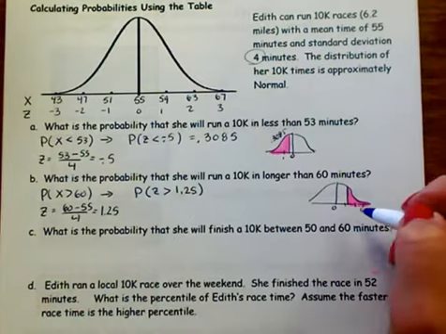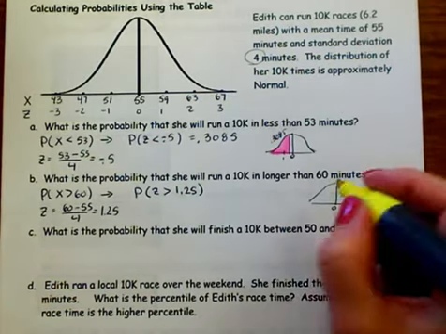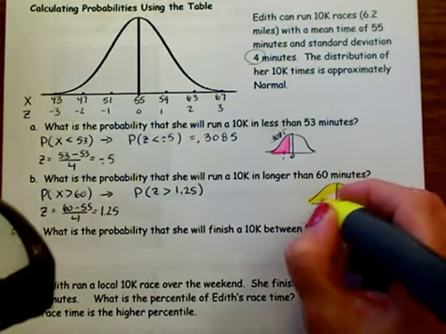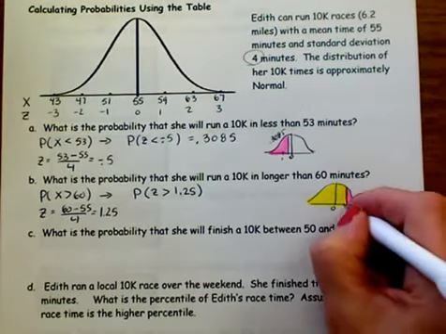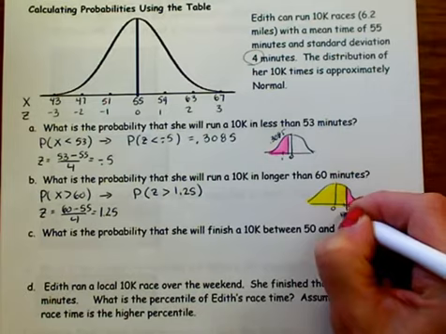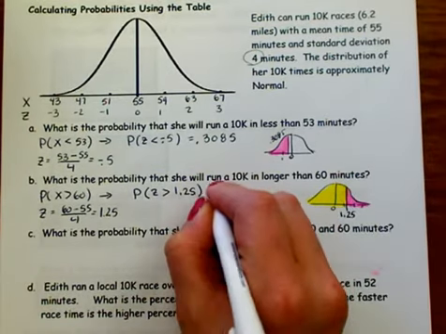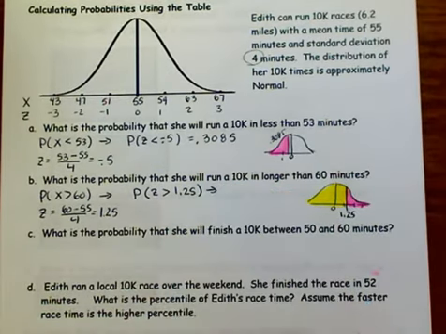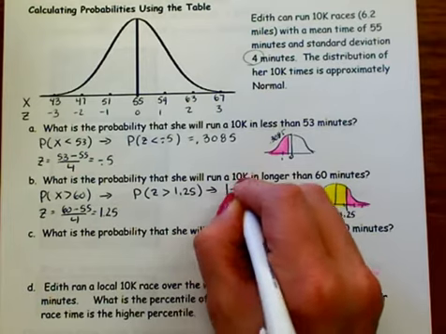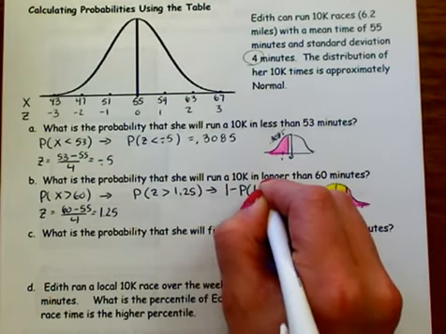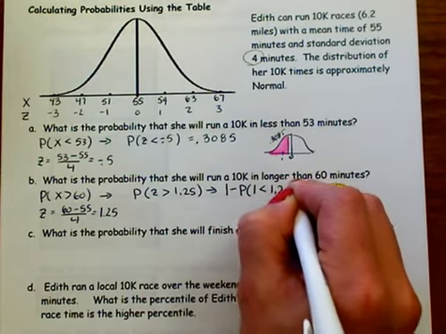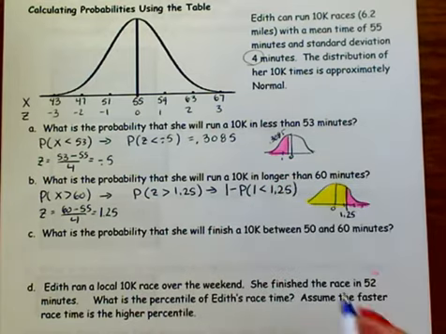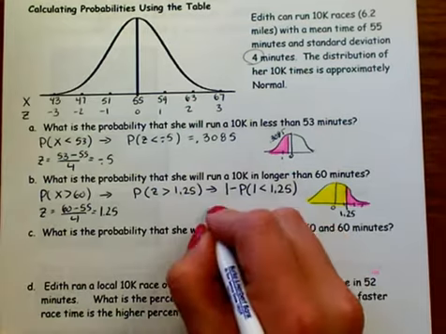Now I can tell by looking at this that I can't find the number to the right, so I'm going to find this number to the left. 1.25 is my z-score. Converts to 1 minus the probability less than 1.25.